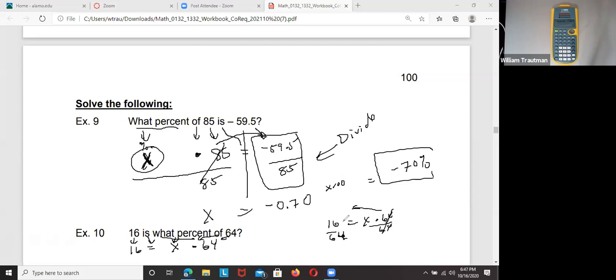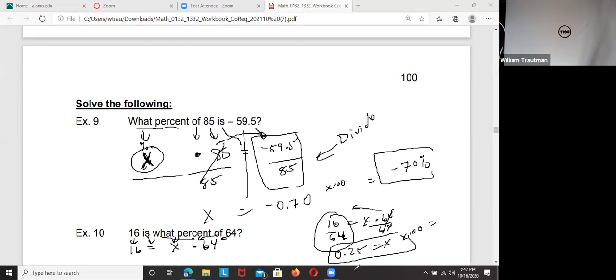And 16 divided by 64 on my calculator, I get 0.25 equals x. But once again, when you divide numbers, you get the decimal equivalent. We want to know what percent, so you have to multiply that number by 100. 0.25 times 100 is 25%. 16 is 25% of 64.